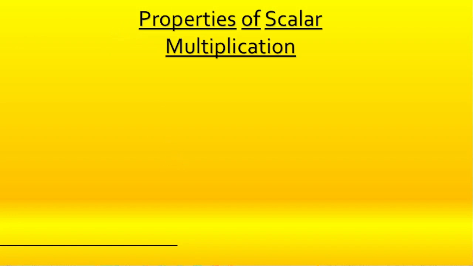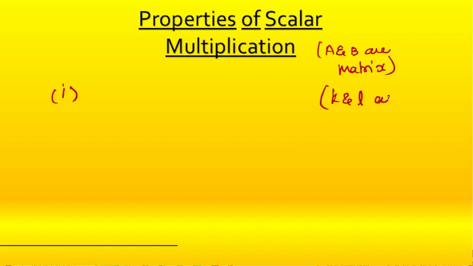Your first property is, let A and B be matrices, and the letters K and L I am going to use are scalars.